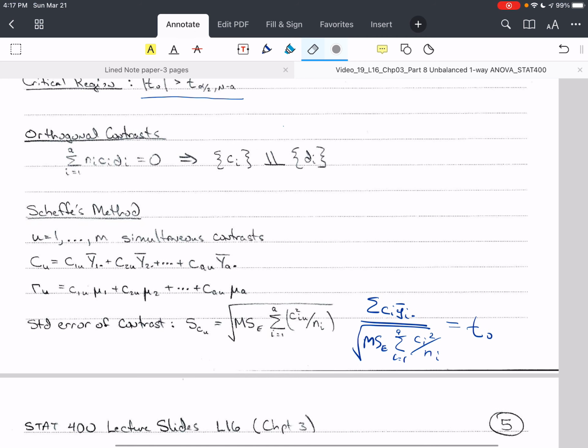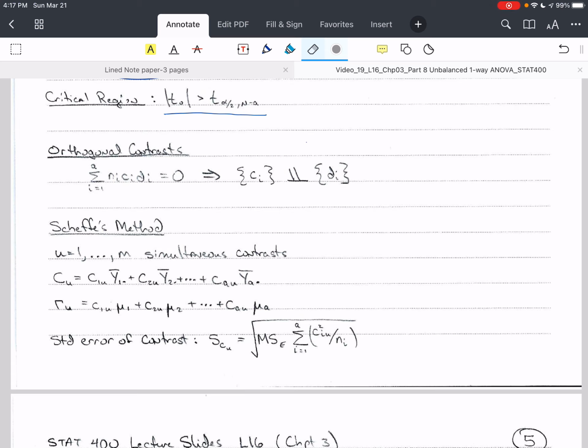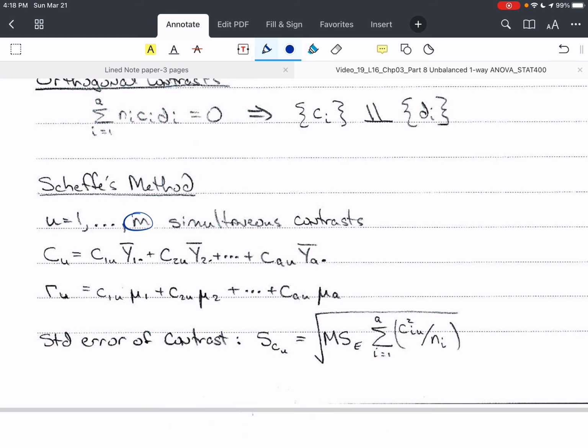Now, Scheffé's method, and let me get rid of the rest of my scribbling. So Scheffé's method, if you remember, is going to be almost exactly the same, but we'll go through it again. We have m simultaneous contrasts, and we're defining the uth contrast as C sub u is equal to c1u y1 dot bar, plus c2u y2 dot bar, plus cau times ya dot bar.